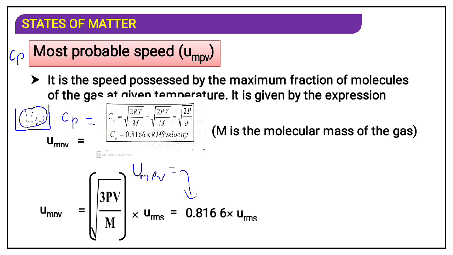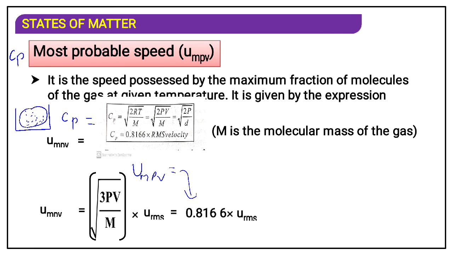When you compare the root mean square velocity and most probable velocity, the most probable velocity is equal to 0.8166 into root mean square velocity.